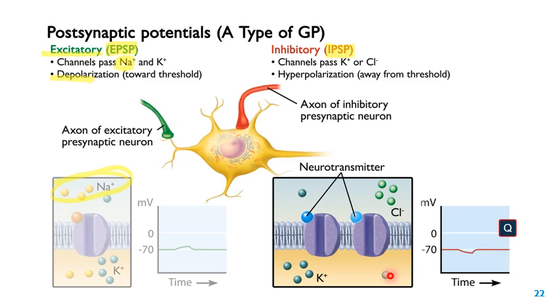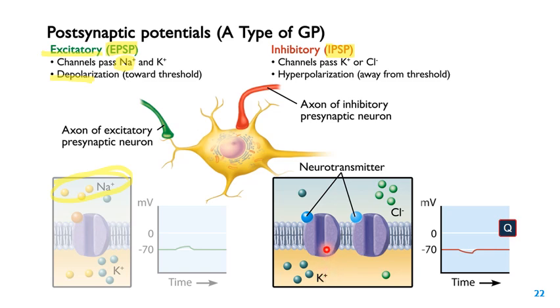When you look at inhibitory signals, you are going to look at ions that, if you open the channel, the inside of the cell is going to become more negative. And those are going to be potassium and also chloride channels. Okay, so when you open potassium channels, potassium is going to fly out from the inside of the cell, and the inside of the cell is going to become more negative.